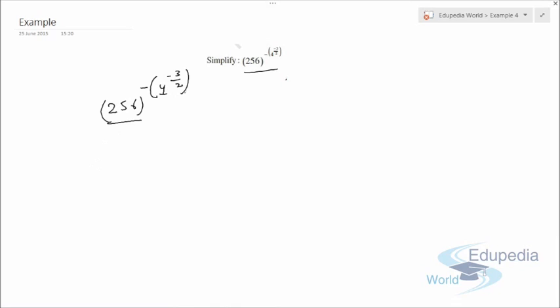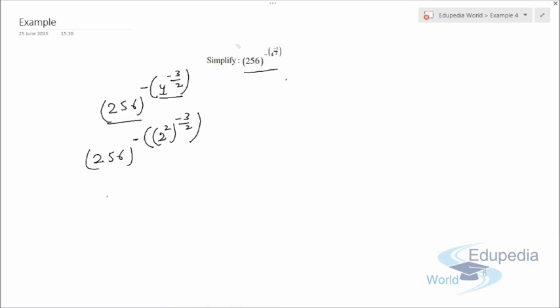So let's solve this part first, that 4 raised to power minus 3 by 2. So it can be written like this: 256 raised to power minus 4 can be written as (2 square) raised to power minus 3 by 2, bracket close.